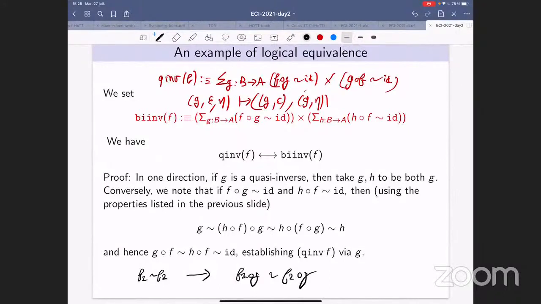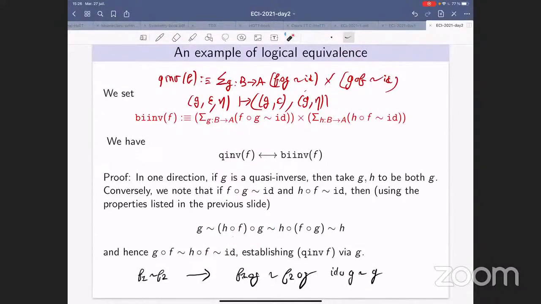And of course we will also have to prove that id composed with G is homotopic to G. So suppose that we have all this, then we can say that G is homotopic to id composed with G, but id is homotopic to H composed with F. Hence, by congruence, which is here, I have that G is homotopic to this.